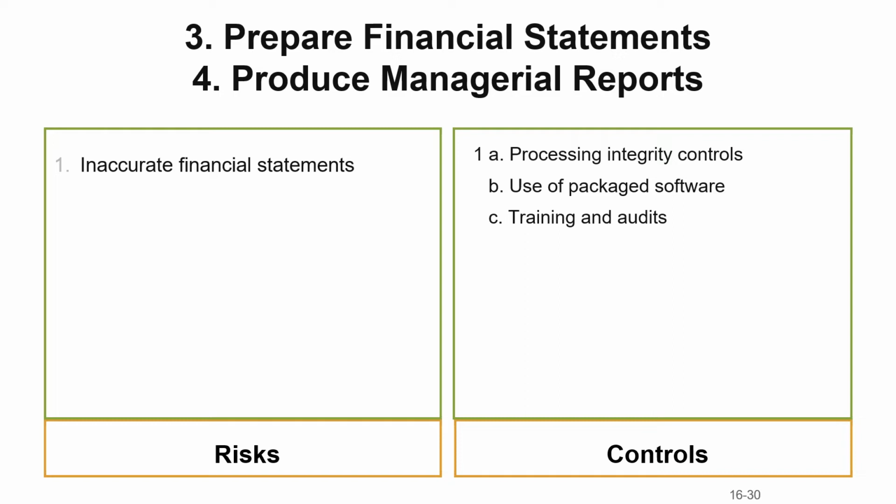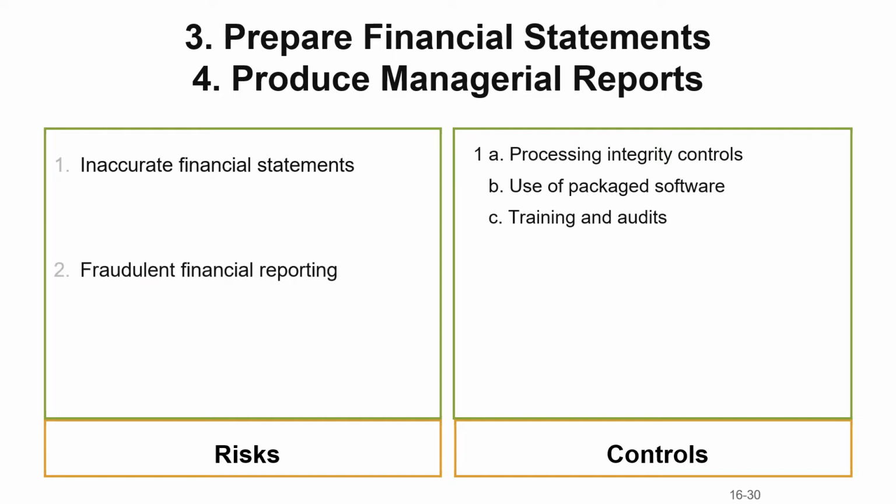The controls here are process integrity controls, using packaged software for preparing financial statements and detecting any inaccurate financial statement figures, then training the staff who use that software, and also applying internal or external audit.